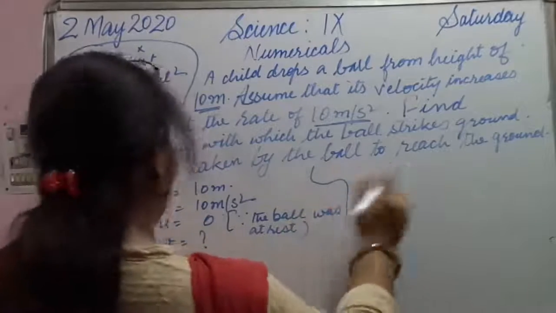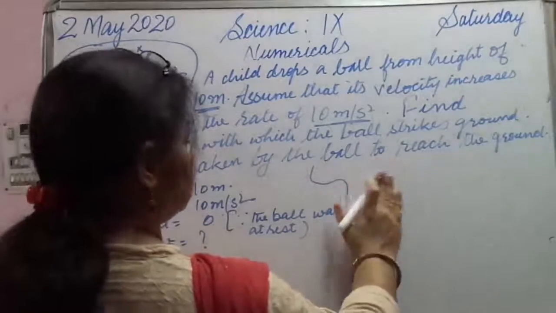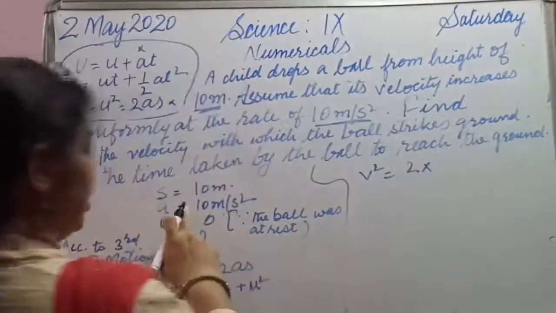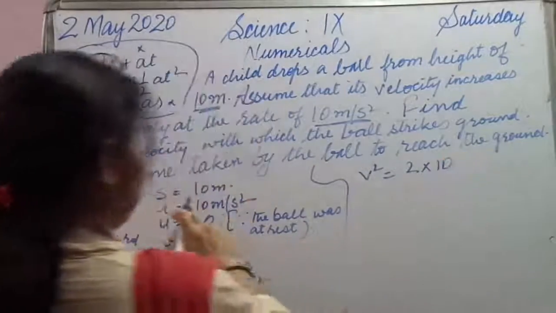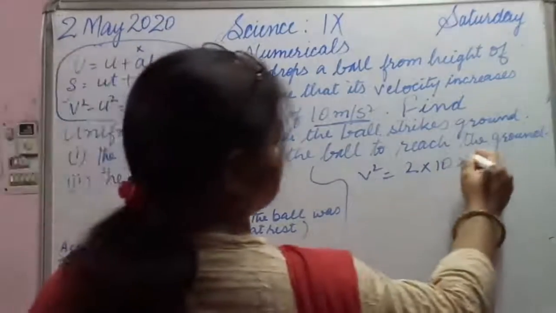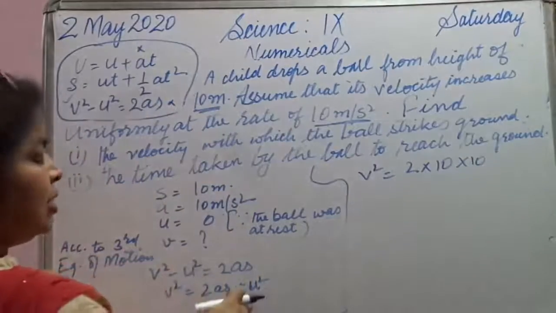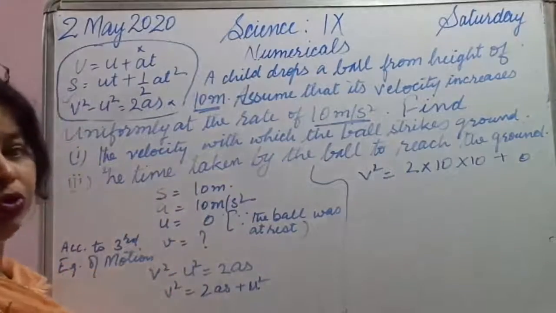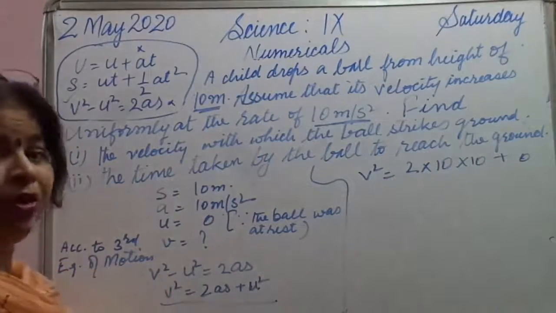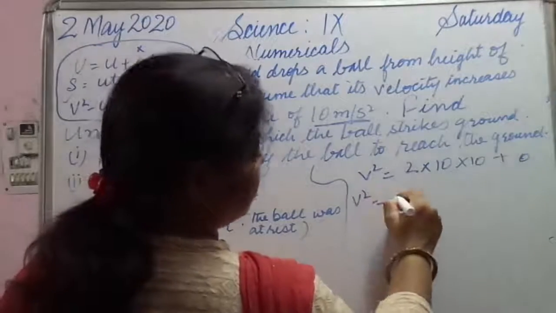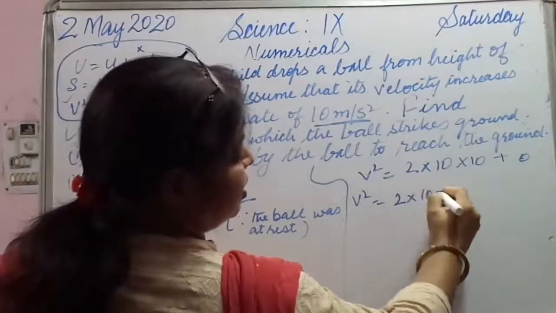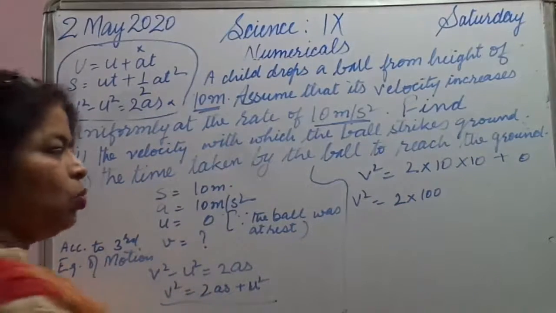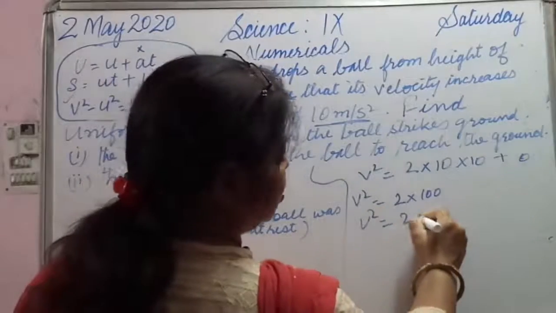So we will write here V square is equal to 2 into A. A is how much? 10. S is how much? 10. Plus U square, and U is 0. In this we are going to put the values. So V square is equal to 2 into 10 into 10, or we can write V square is equal to 200.